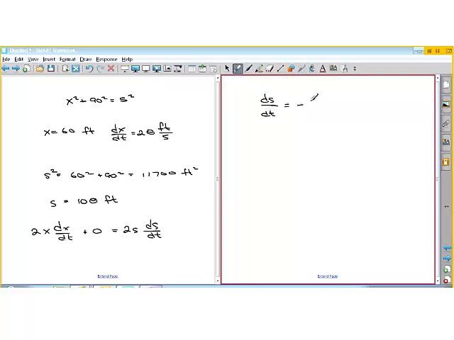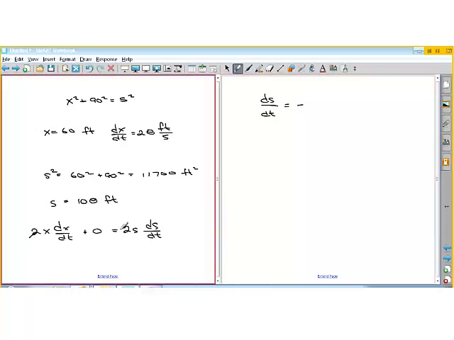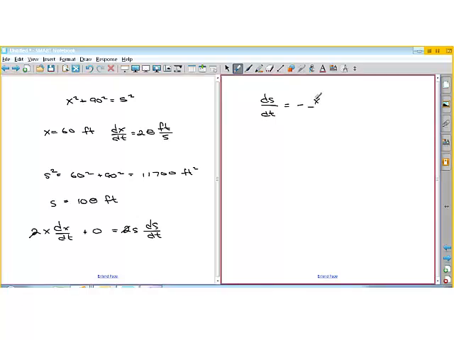And so that's equal to, the 2's cancel out, x over s dx/dt.